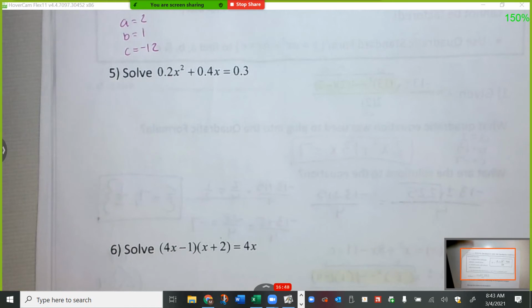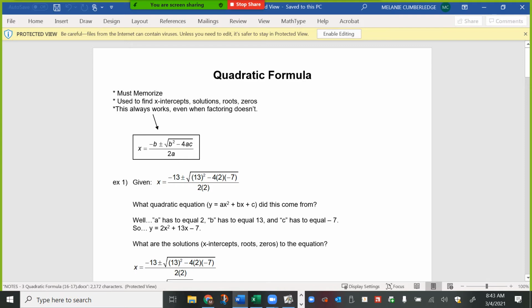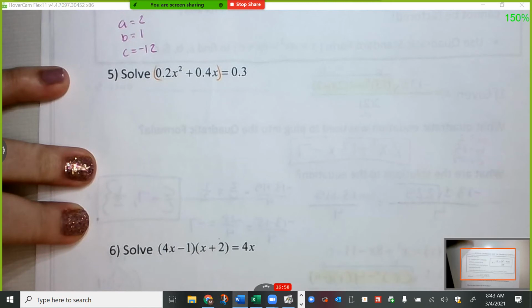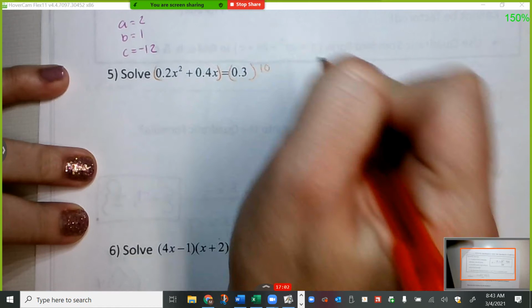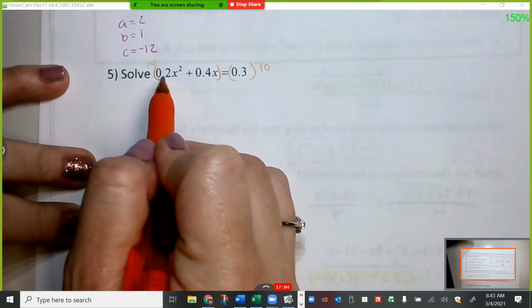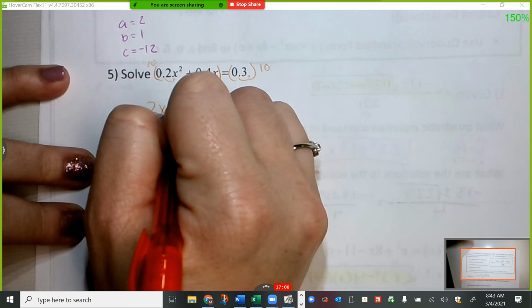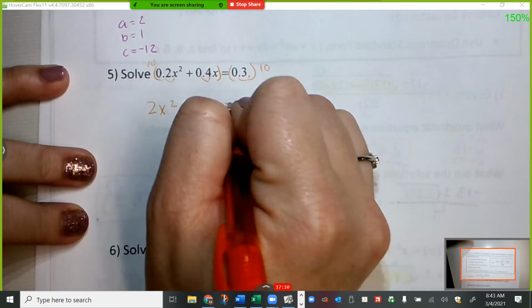So can we multiply them all by 10? Yeah, as long as we do to one side the same thing we do on the other side, it's still equal. Well, all that does, y'all, is move the decimal over 1 time for all of it. So it becomes 2x squared plus 4x equals 3.